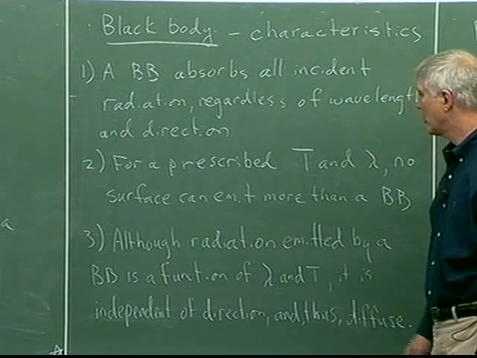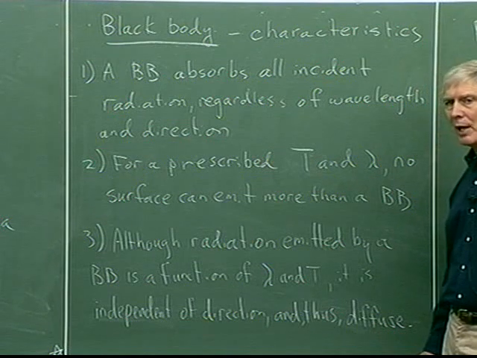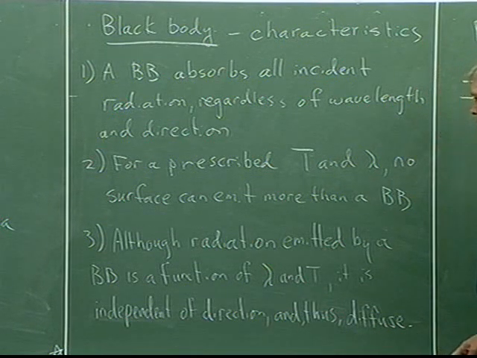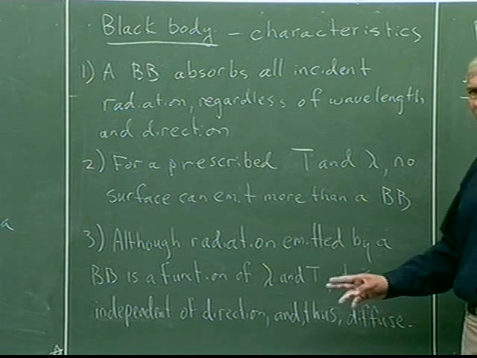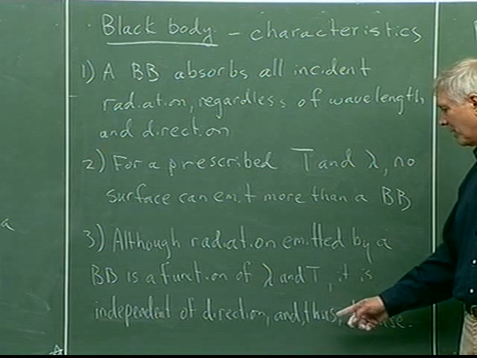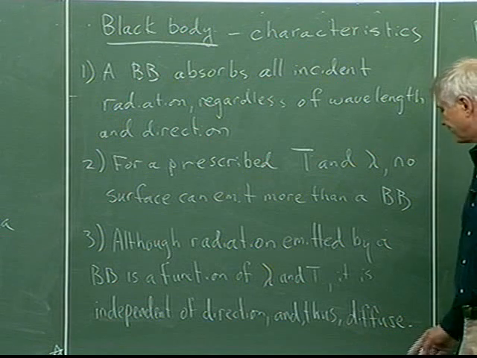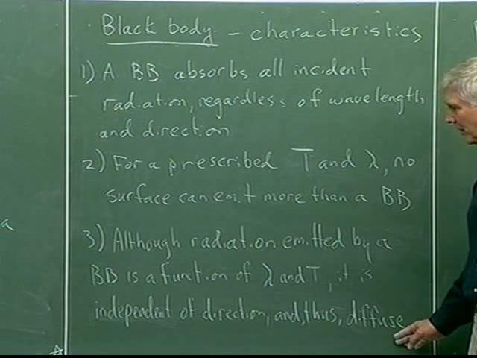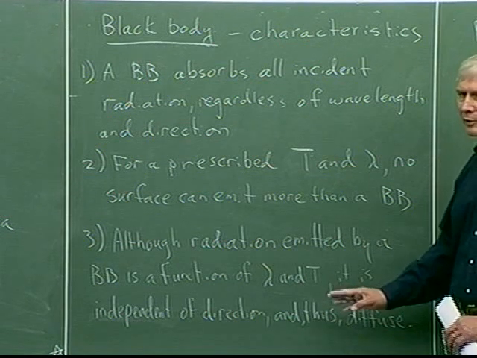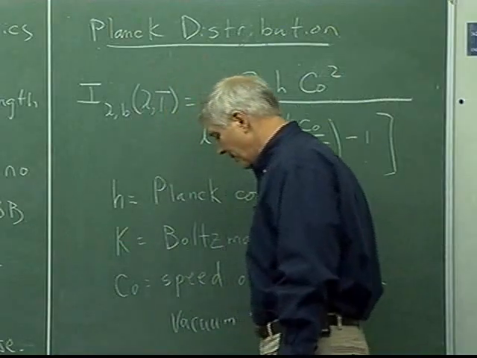Number two, for a prescribed temperature and wavelength, no surface can emit more than a black body. And number three, although radiation emitted by a black body is a function of wavelength and temperature, it is independent of direction, and therefore a black body is diffuse. All right, so we want to get the intensity of a black body, and then we'll use that to get our other terms like radiosity and so forth. Okay?